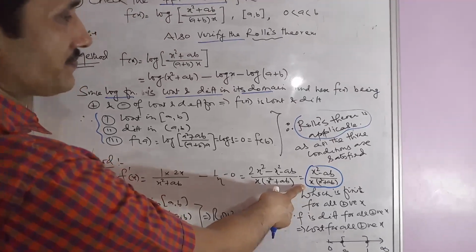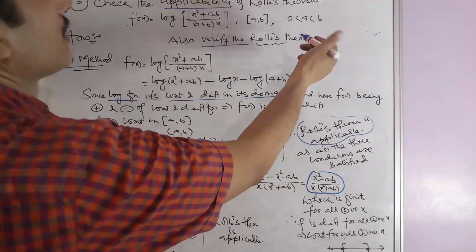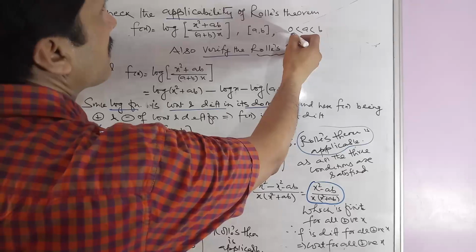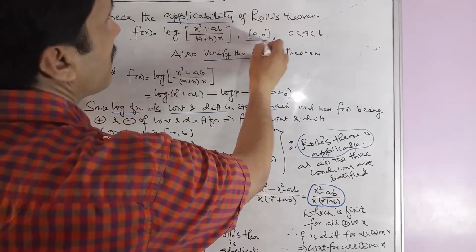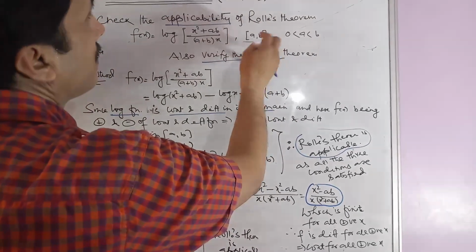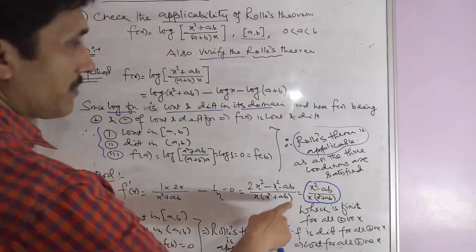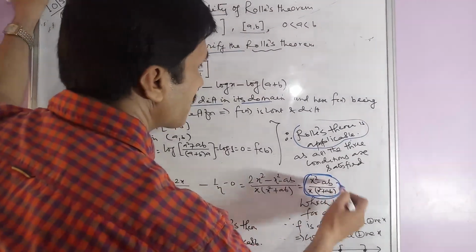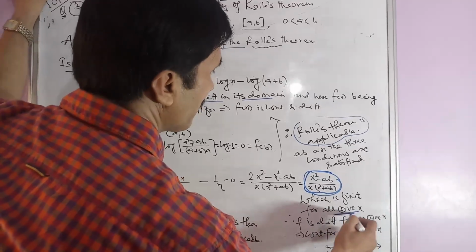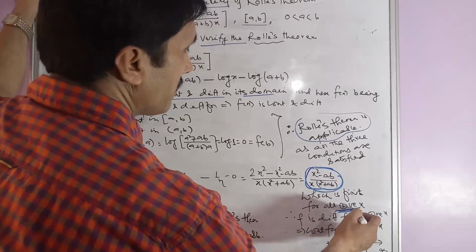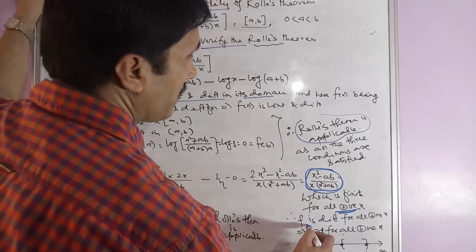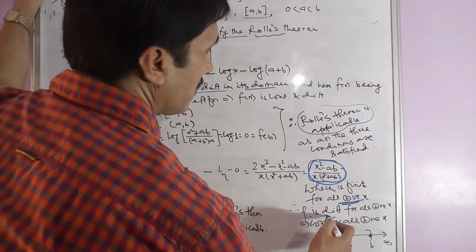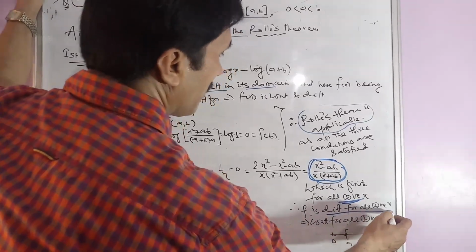Here we have the closed interval a to b, where a and b are positive numbers. Here this expression is finite for all positive x, so f is differentiable for all positive real numbers x.